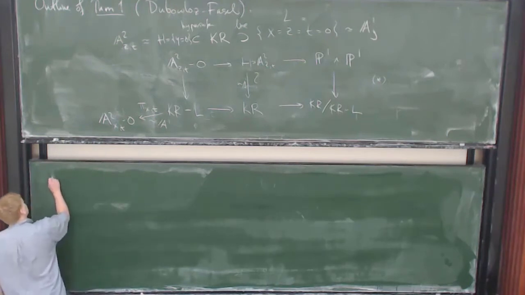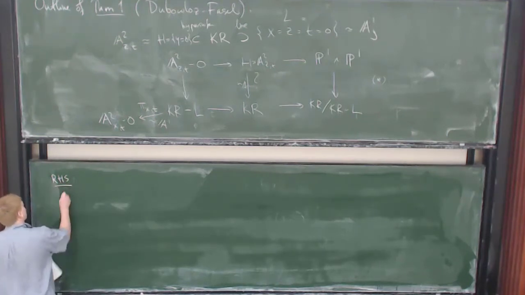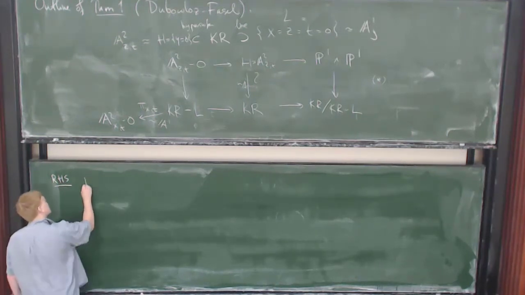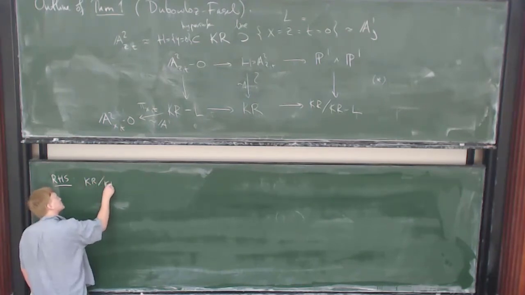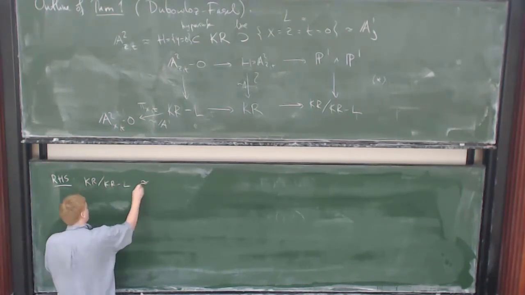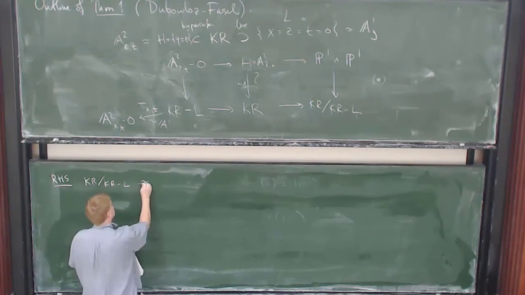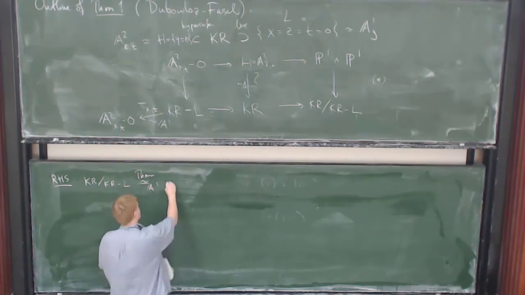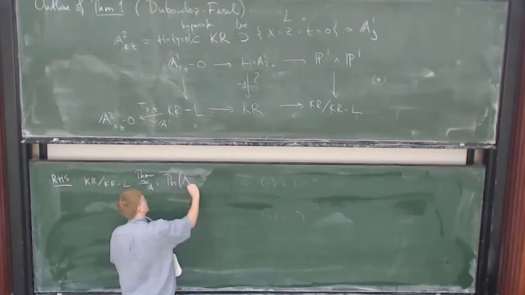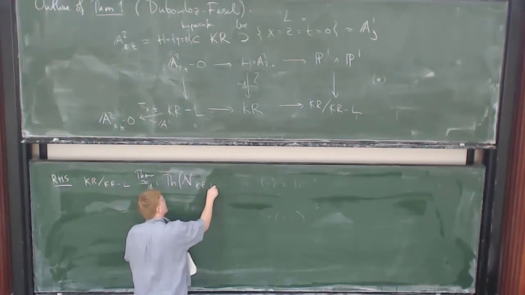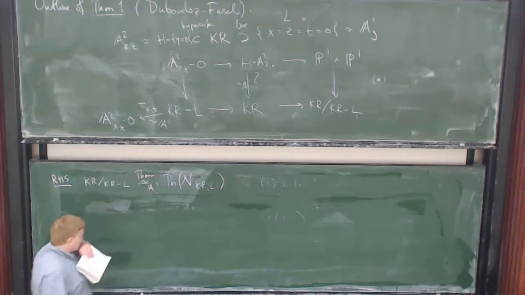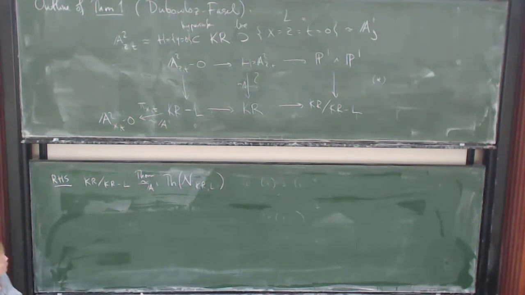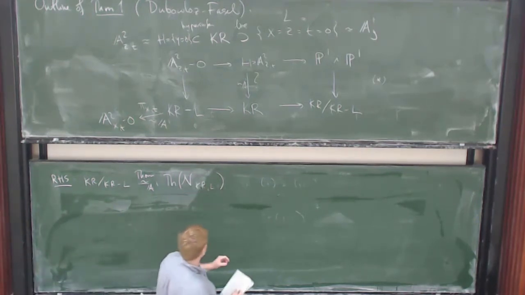Okay. So the right-hand side: if you look at this quotient, then by the Thom isomorphism, we have an A1 weak equivalence with the Thom space of the normal bundle of L inside KR. And this turns out to be generated by the global sections c and t.